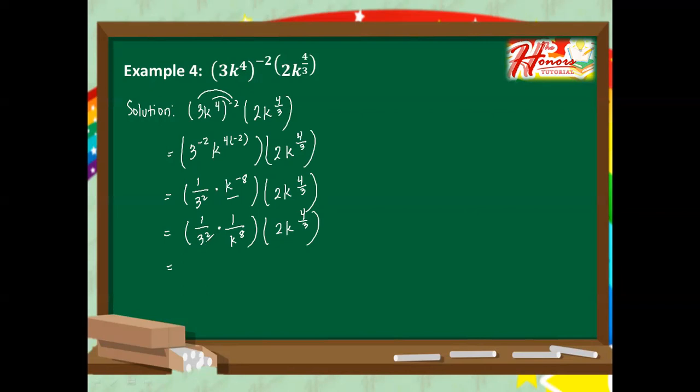Let's simplify 3 raised to 2. That's 9. So we have here 1 over 9 times 1 over k raised to 8 times 2k raised to 4 over 3.